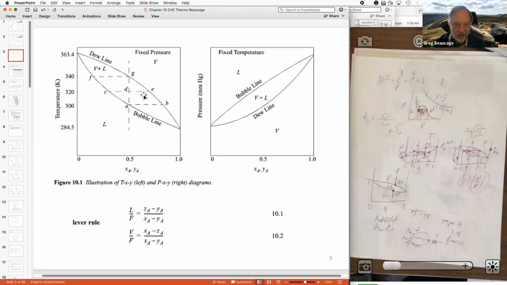How does it split? If it's more volatile, it'll have more vapor. If it's less volatile, it'll have more liquid. This K ratio is going to depend on the saturation pressure. How volatile is it?